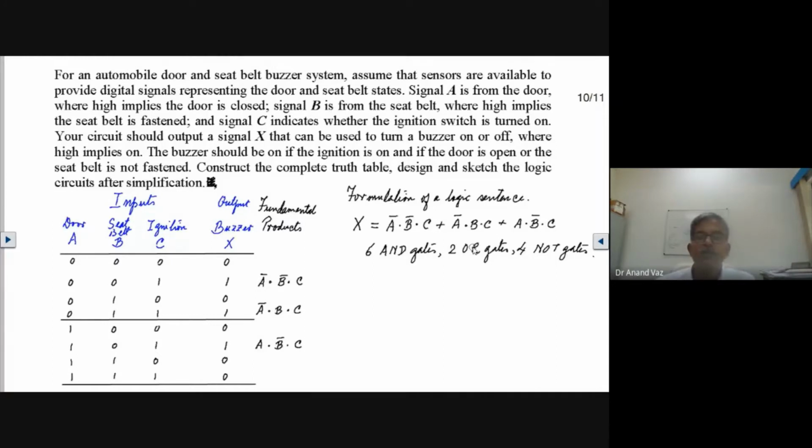So when your hardware is more and more, the cost of the product increases. So it's essential to simplify, to minimize this.